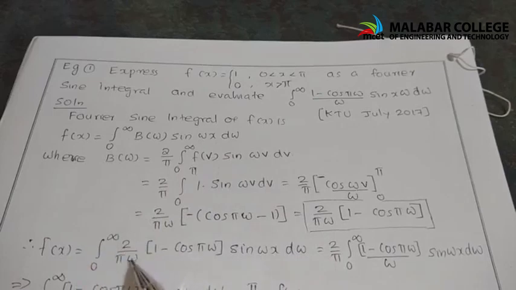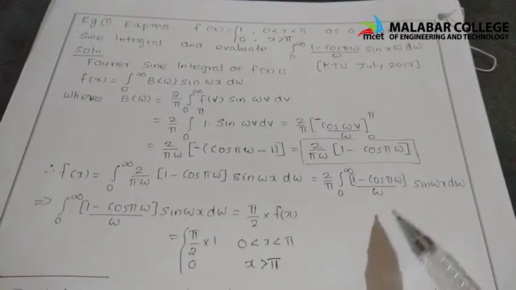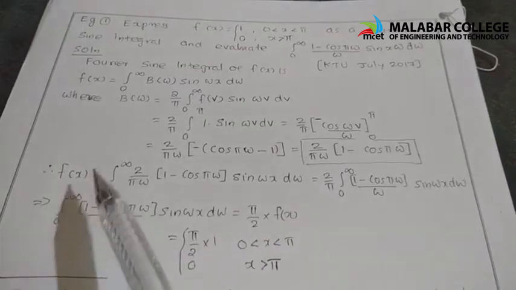We cannot take omega out because we are integrating with respect to omega. So this will come 2 by pi into integral 0 to infinity, 1 minus cos pi omega by omega, the remaining is sine omega x d omega. So this is the value of f of x here.